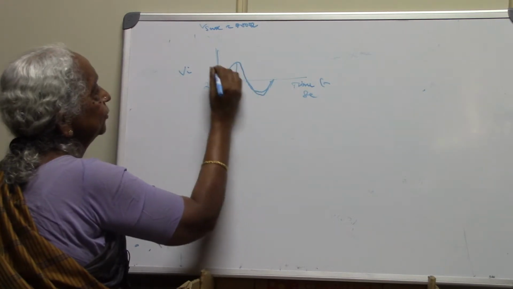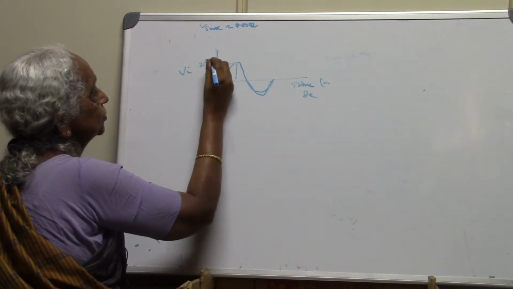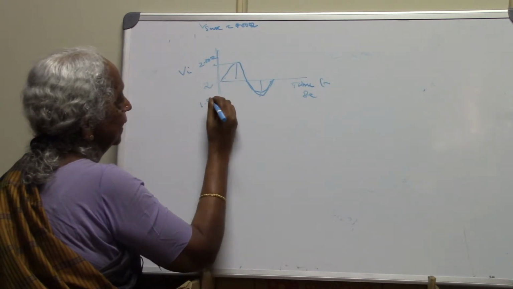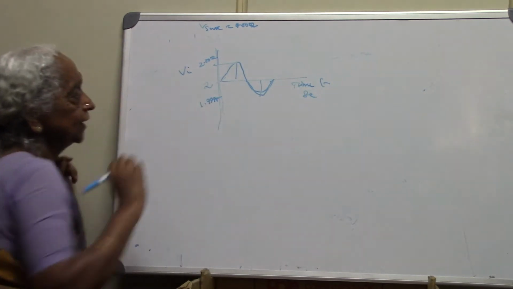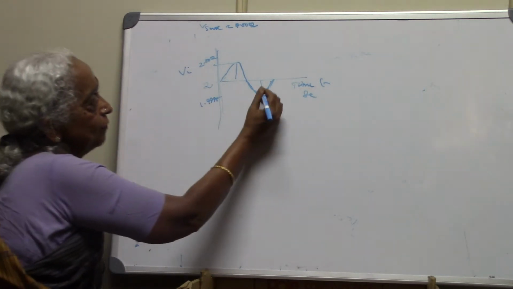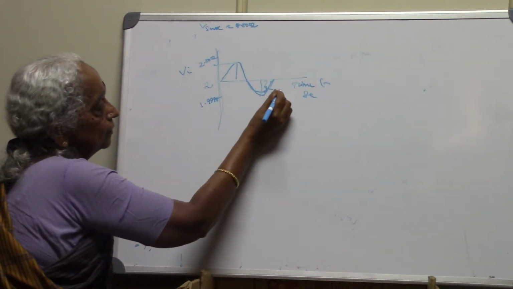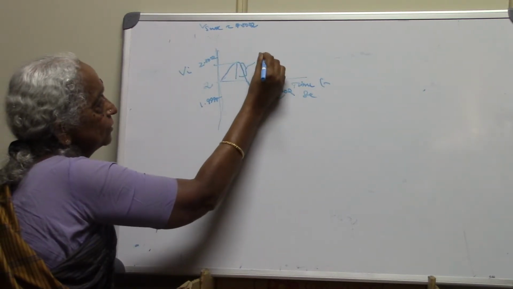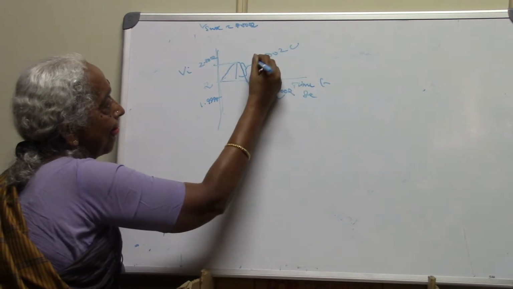This value will be 2.0002 and this will be 1.9998. With respect to 2, it is on the negative side by a quantity of 0.0002 volt, and this will also be 0.0002 volt.